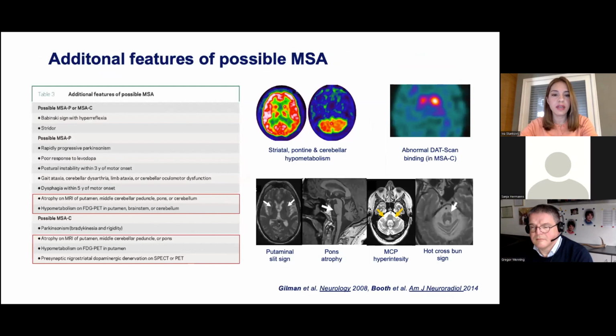Diagnostic tests feature in the Gilman criteria only as additional features of possible MSA, and these are atrophy on MRI of putamen and posterior fossa structures, including middle cerebellar peduncle, pons and cerebellum, and also hypometabolism on FDG PET in the same areas. And for MSA-C, another additional feature is presynaptic nigrostriatal dopaminergic denervation on PET or SPECT.